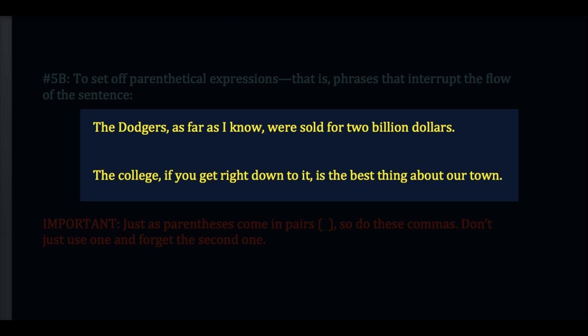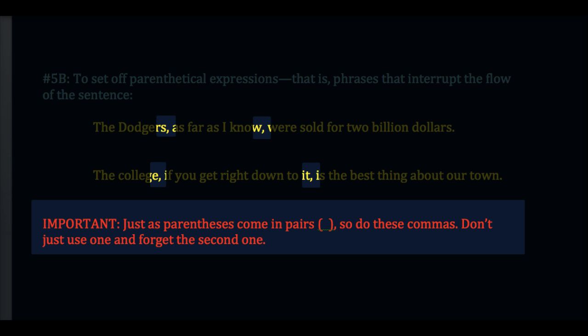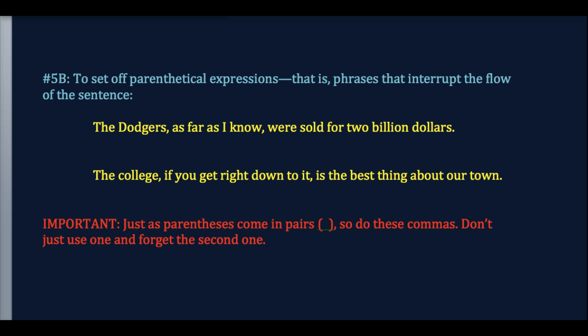It's almost a whisper. So just as you would use parentheses in pairs, you are using commas in pairs to separate this parenthetical expression. So to repeat, an important thing, use these as pairs. Don't forget that second one. You wouldn't forget the second parenthesis, would you? That closes it out. Don't forget the second comma.